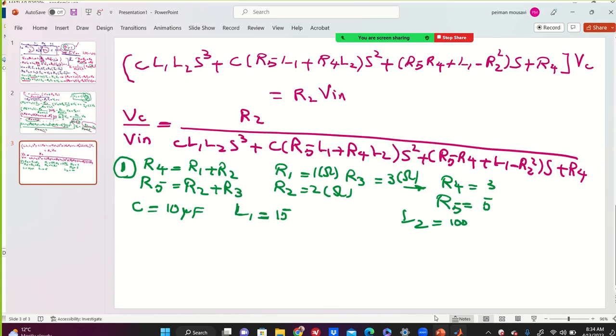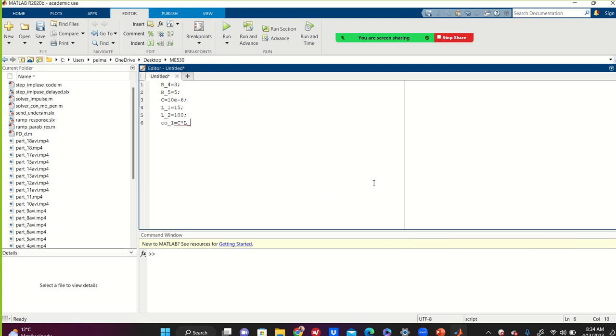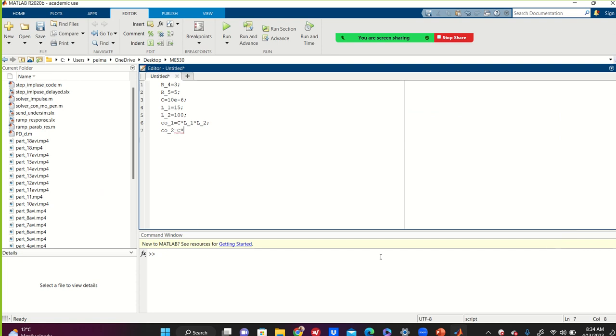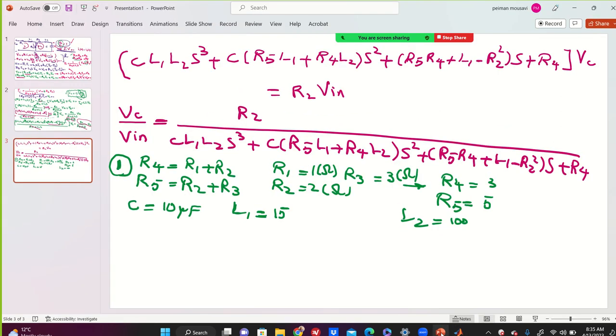So I have coefficient 1 is C L1 L2. Coefficient 2 is C R5 L1 plus R4 L2, R5 L1, R4 L2, and R5 L2, okay.